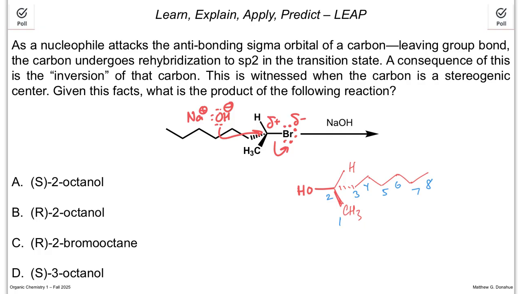Since it is a substitution, we can't have bromine in it anymore, so we can eliminate that one. Once we've numbered the chain, we can see where the alcohol is, so we can eliminate D. And then we're left with 2-octanol, where we have to figure out if it's R or S. So what do you think it is?